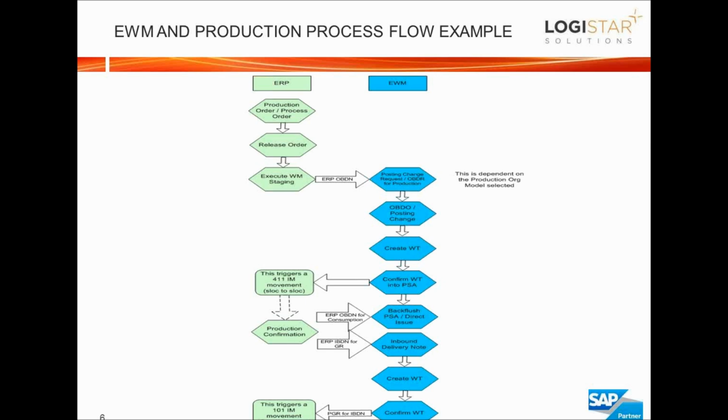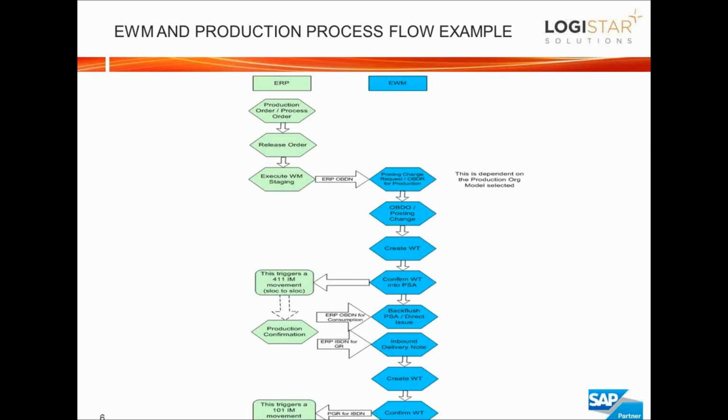From that delivery or posting change, you'll be able to create your tasks off of that document. Those tasks are executing a picking strategy, for example leveraging FIFO, whatever kind of strategies you've got, going to the warehouse locations, and basically moving the stock to a PSA, or production supply area. That movement, within the four walls of the warehouse, is really more of a bin-to-bin movement.